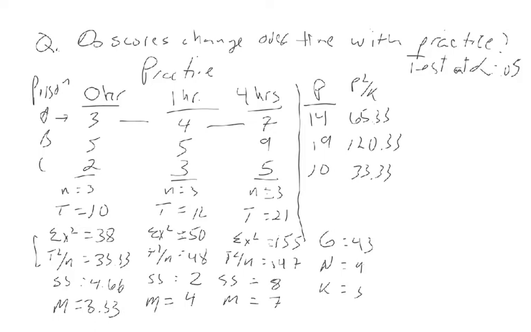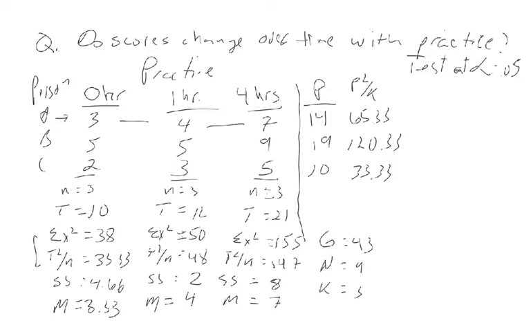And then 19 and 10, we only have 3 participants here. And then just like we did the t squared over n, we're going to do p squared over k, because that's going to be part of the formula to figure out the variation due to the participants. And that's it. That's the only additional step that you would do in the repeated ANOVA. So it's a pretty good savings for that test.